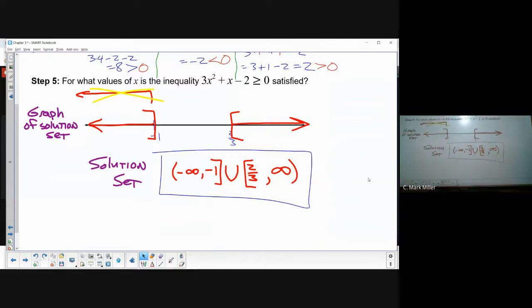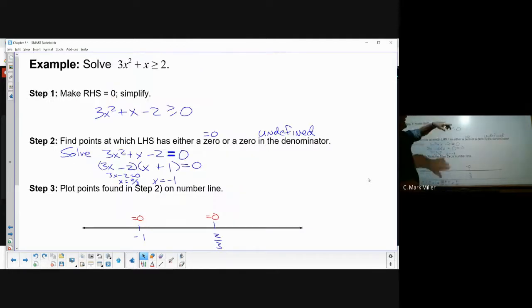All right? Any questions? The same 5 steps. What was the difference in this one from the last one? This one had greater than instead of less than in the initial problem. It also included the equal to.